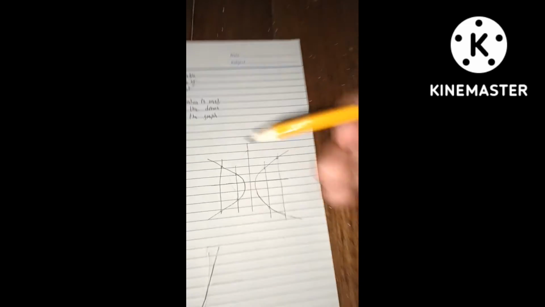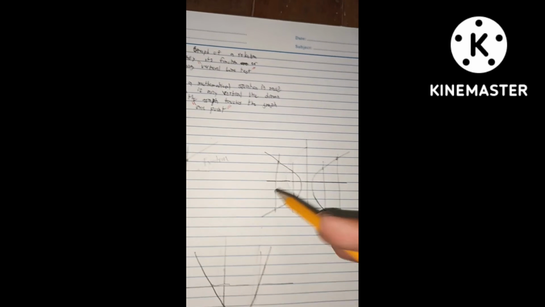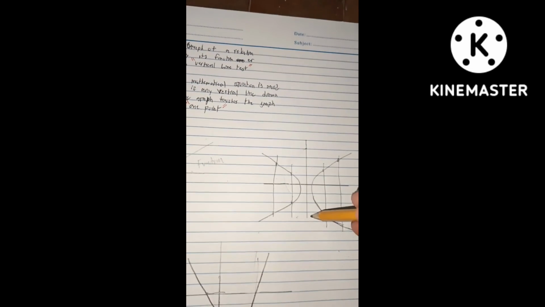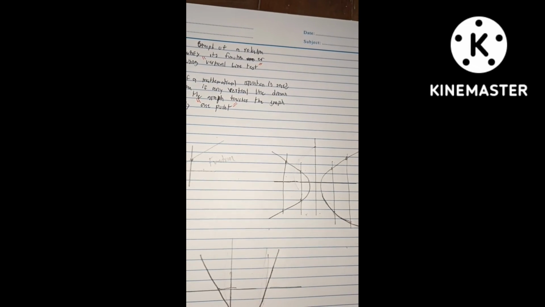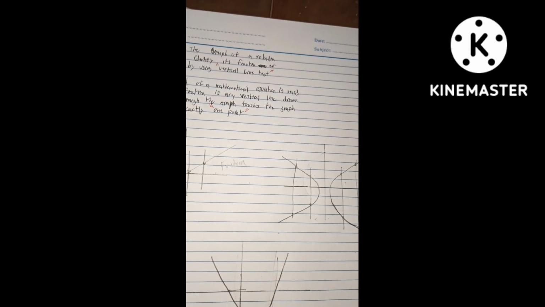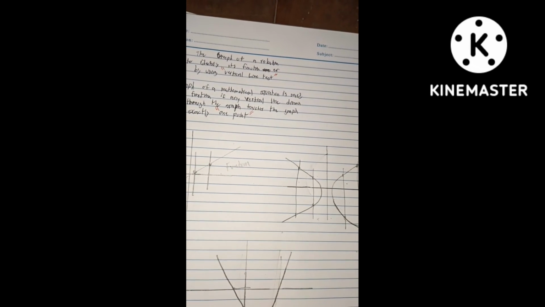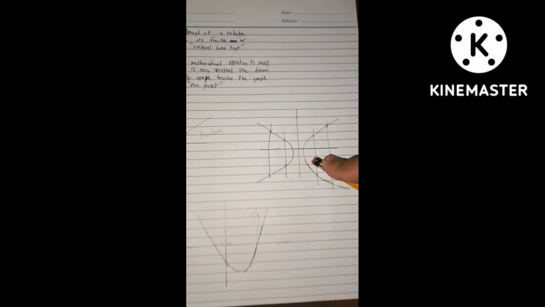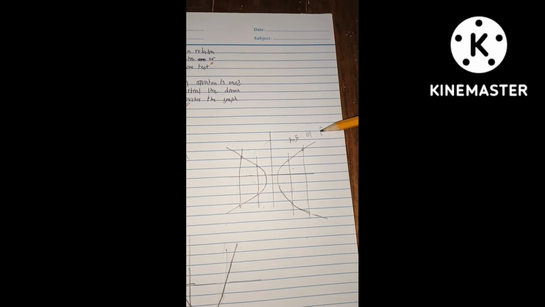As you can see, there are quite a lot of points. To know whether this is a function or not, only one point can be touched by the vertical line. So this is not a function.